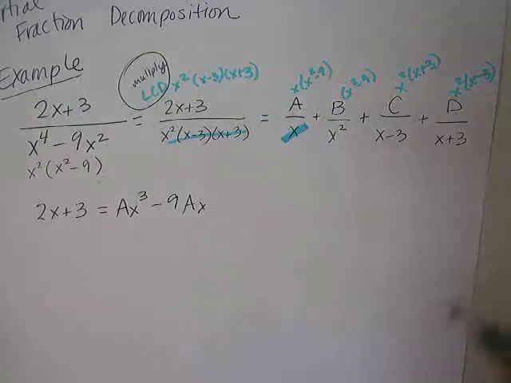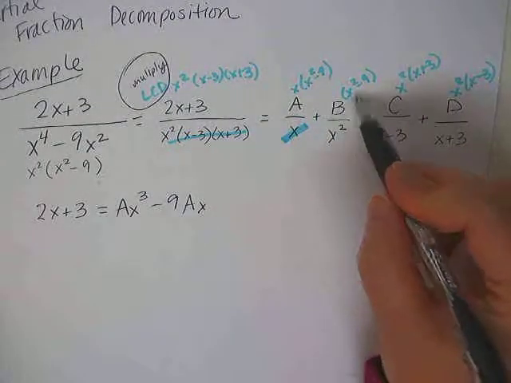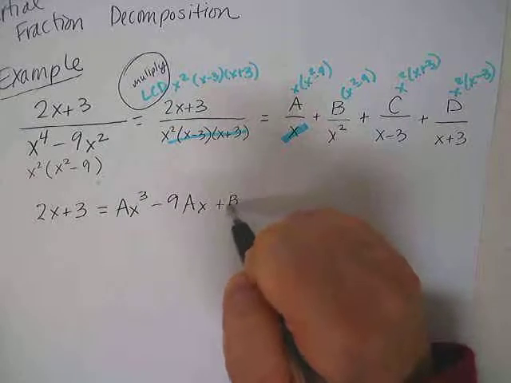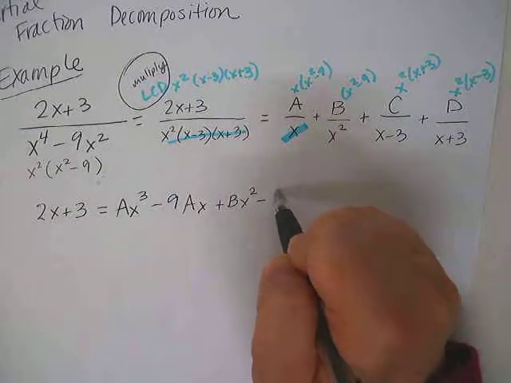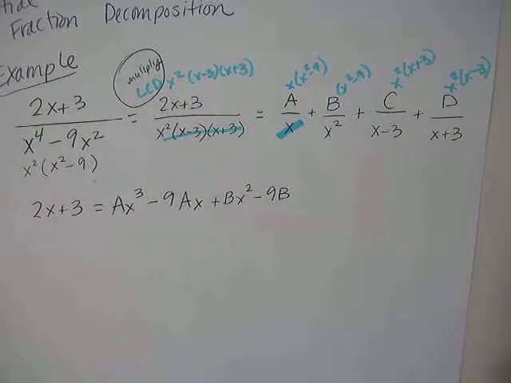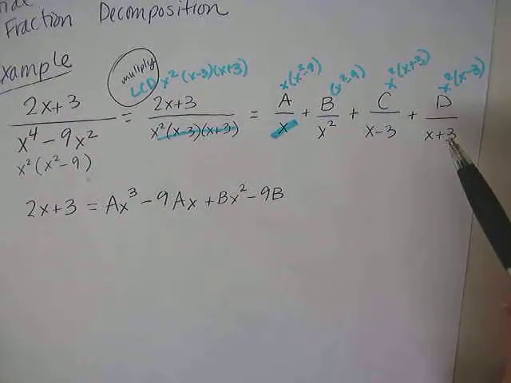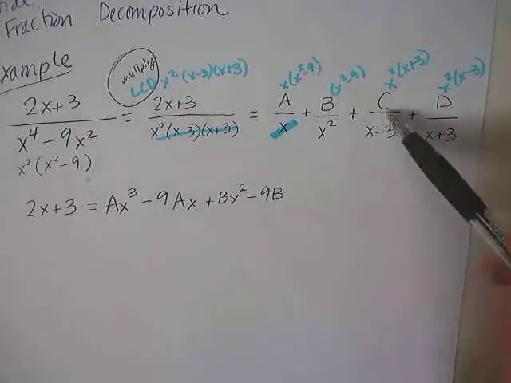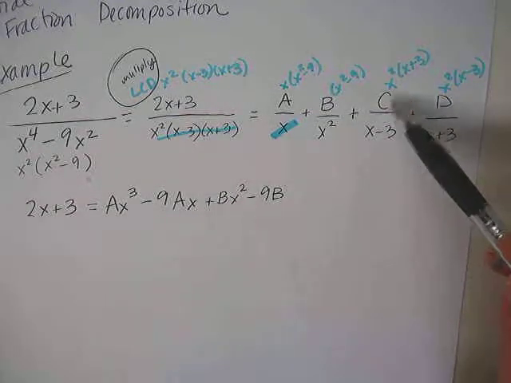So do you need me to go back to a previous step, or am I okay? Alright, so next I would have Bx squared minus 9B, right? Maybe I do need to do the previous step.